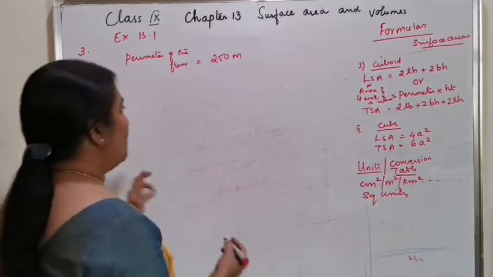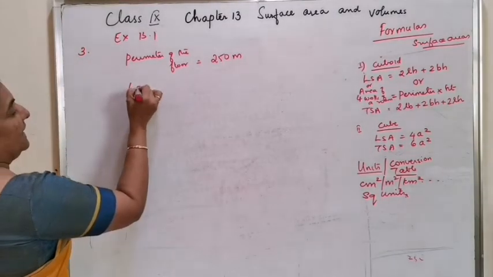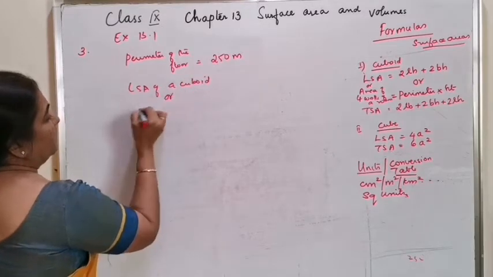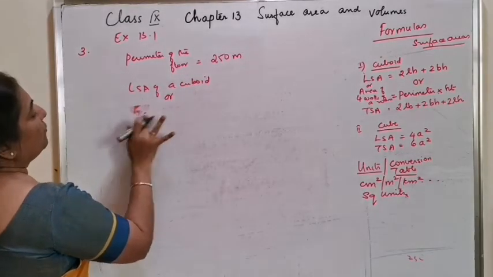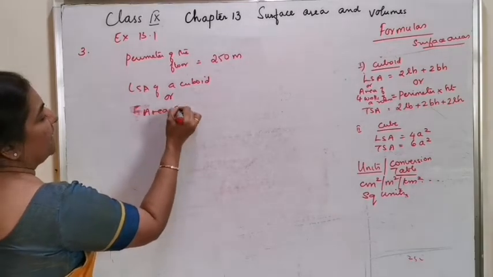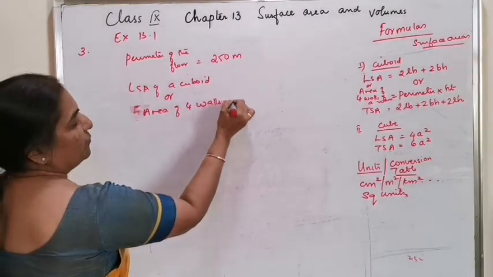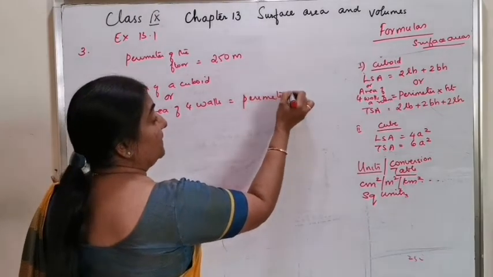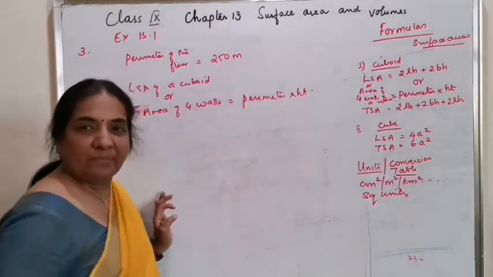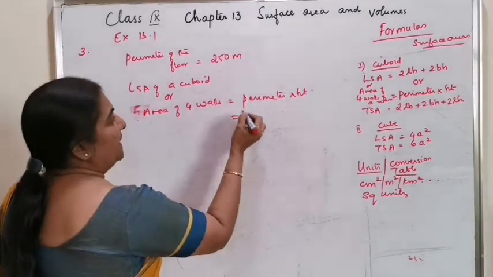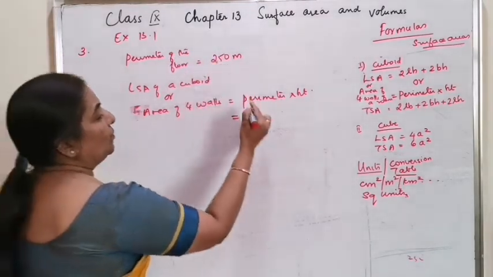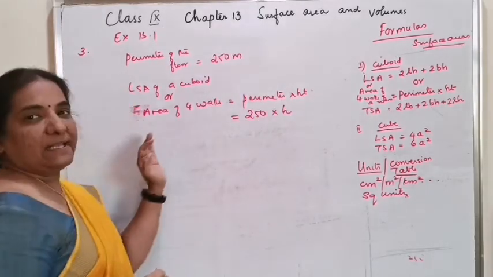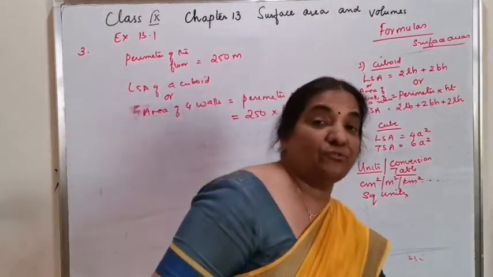That means, what is the formula for LSA of a cuboid or area of 4 walls of a room? As I explained to you, area of 4 walls can be finally reduced as perimeter into height. So here, area of the 4 walls of the room is 250 into H.